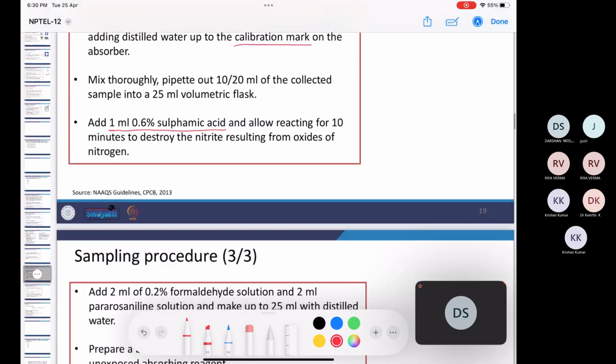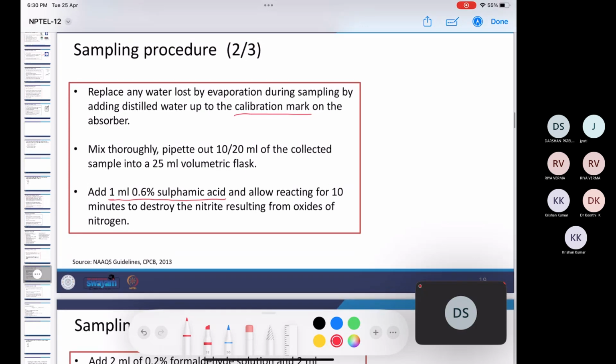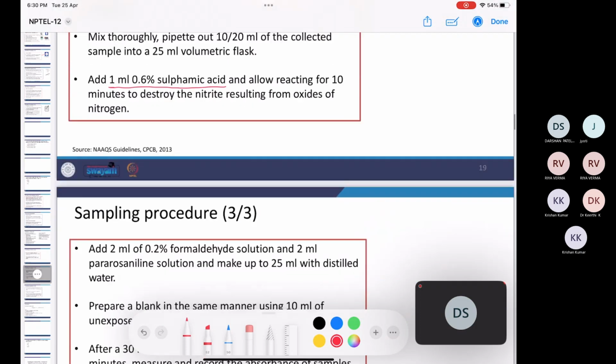We don't want to measure any kind of nitrites or nitrates in that solution. So we add sulfamic acid and allow it to react for 10 minutes to destroy the nitrites.